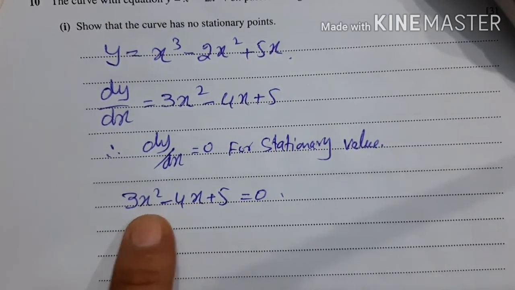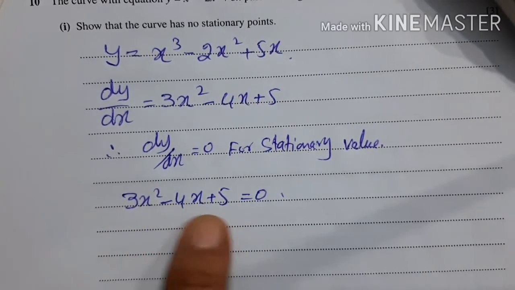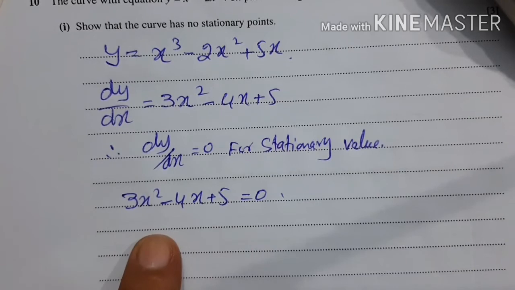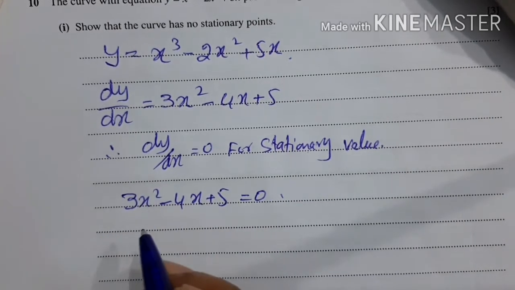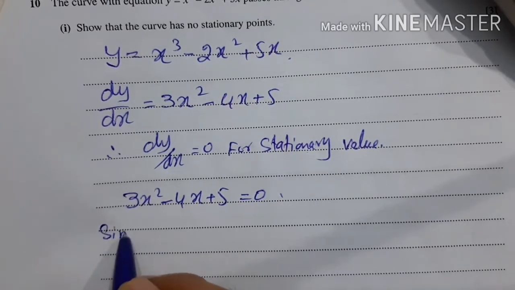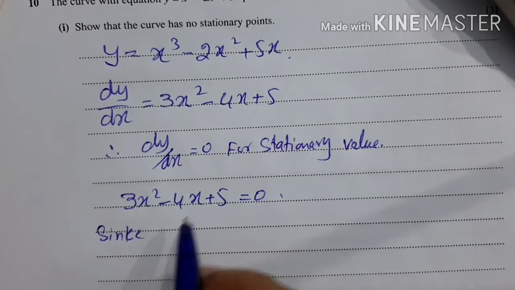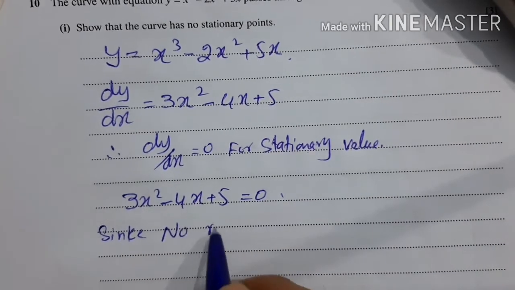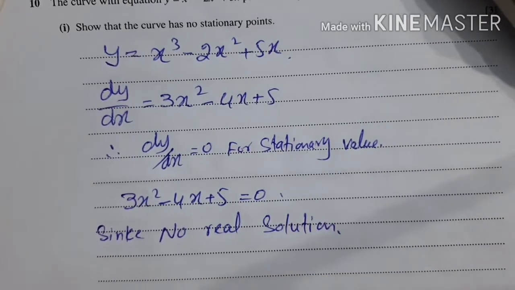But we can see we cannot solve this equation by the factorization method. So this means this equation has no real solution, because if you check, you cannot solve this equation by that method.